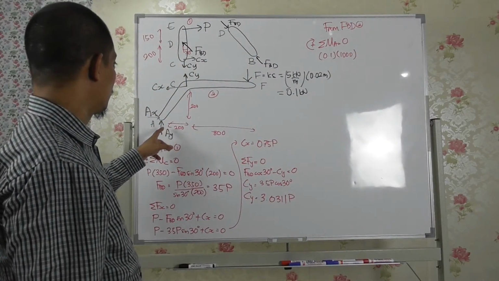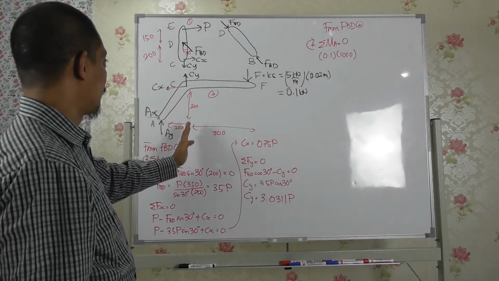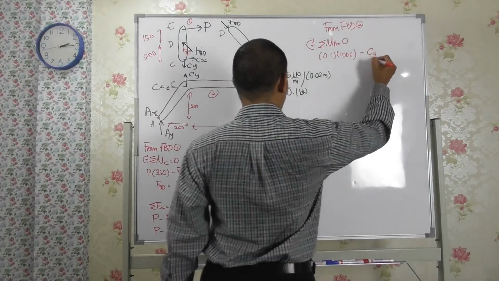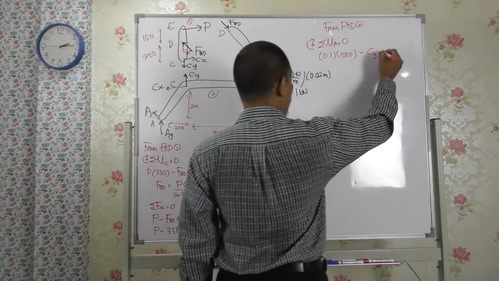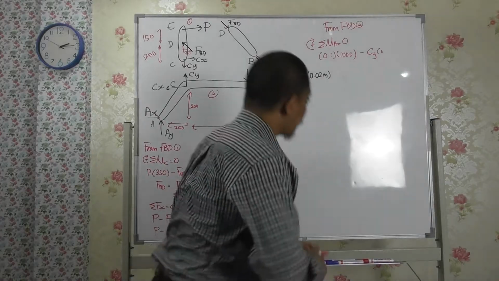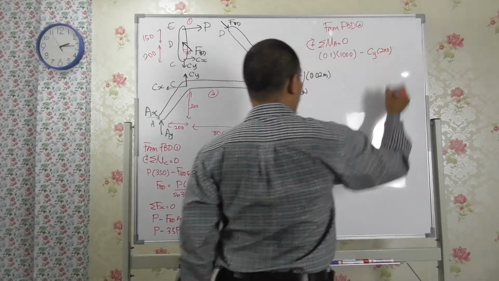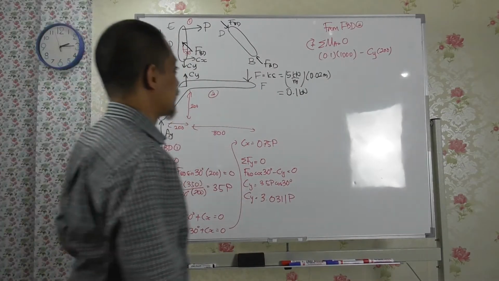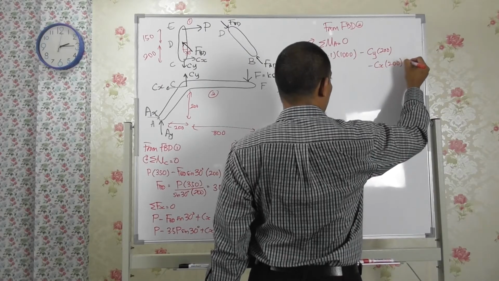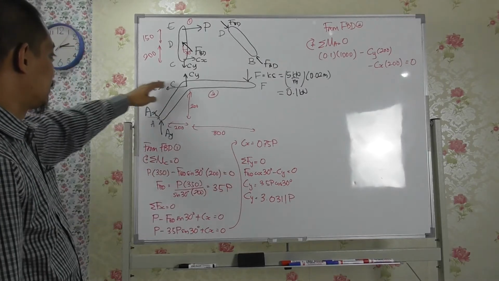And then you get Cy, but it's counterclockwise. So minus Cy times 200, and then minus Cx times 200 equal to 0, right? This one and this one and then that one.